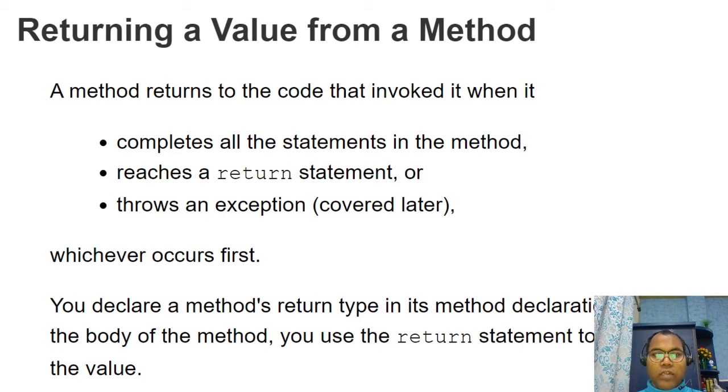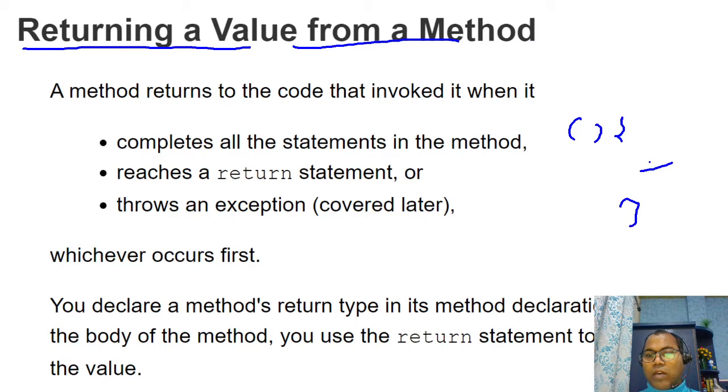First, we discuss returning a value from a method. Whenever we write a method, it can either return some value or not return a value. If your method does not return any value, you specify the return type void.